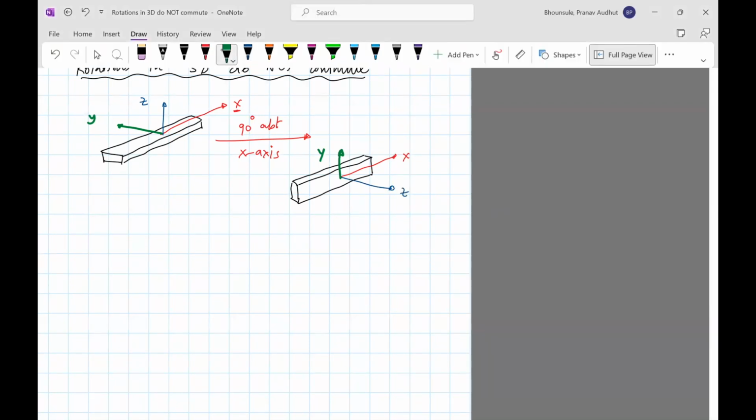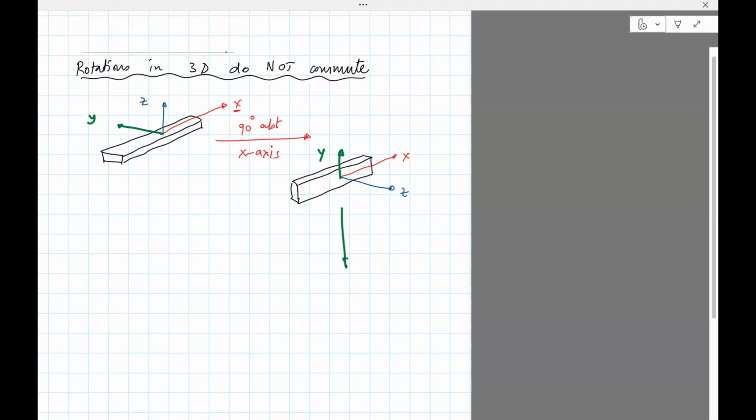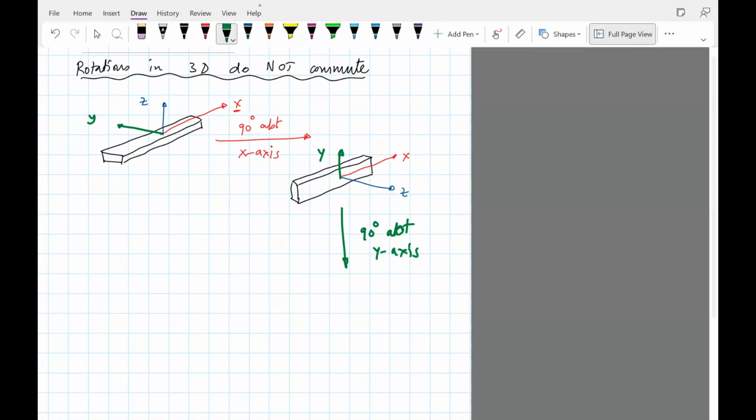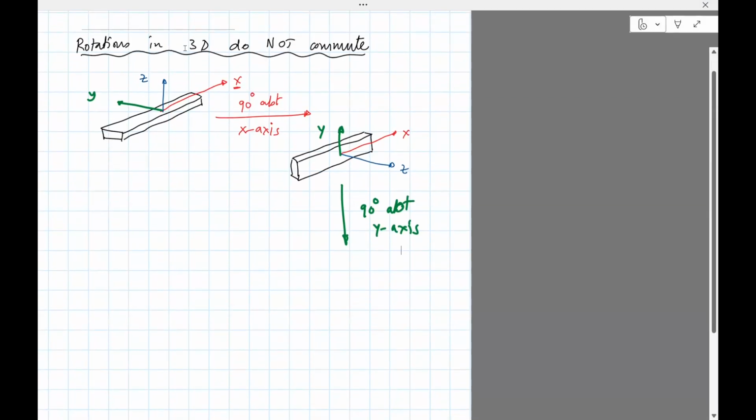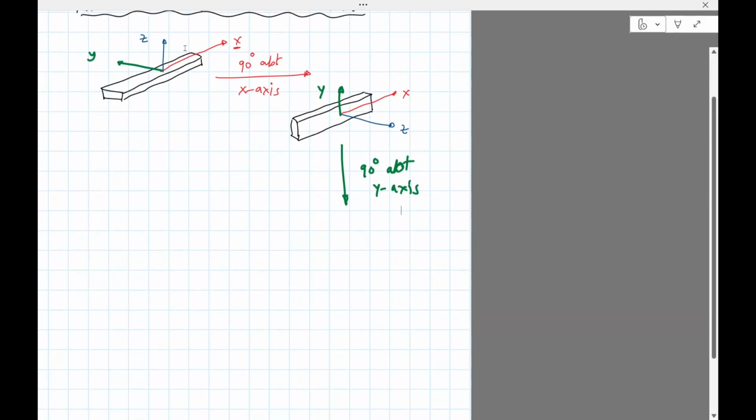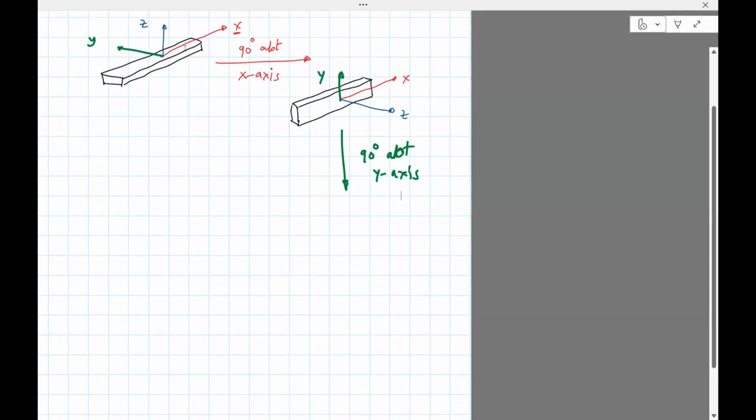Now let's do the second rotation, 90 degrees about y-axis. Okay, so point your thumb along y and then turn it about 90 degrees. So this is the thumb of your right hand.